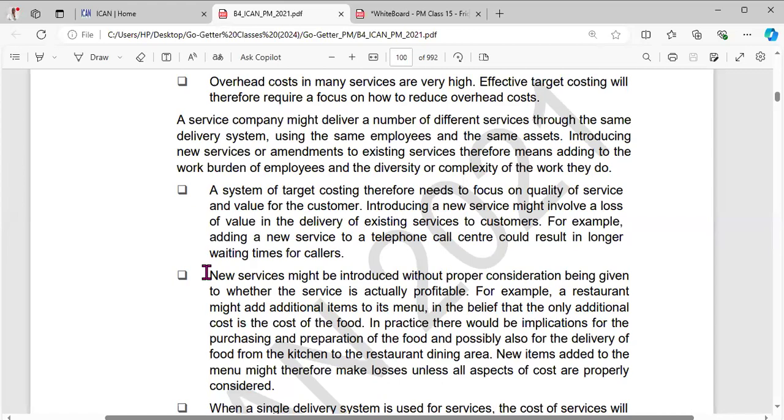So a system of target costing therefore needs to focus on quality of service and value for the customer. Introducing a new service might involve a loss of value in the delivery of existing services to the customer. And we're given an example here that adding a new service to a telephone call center could result in longer waiting time for callers.